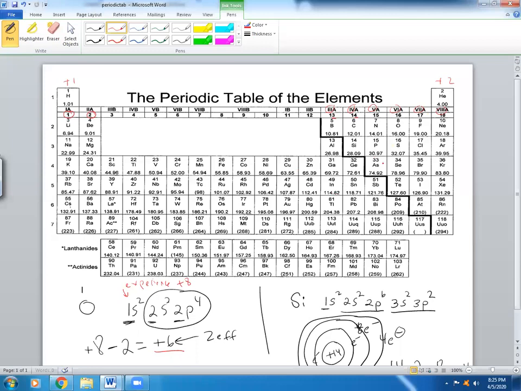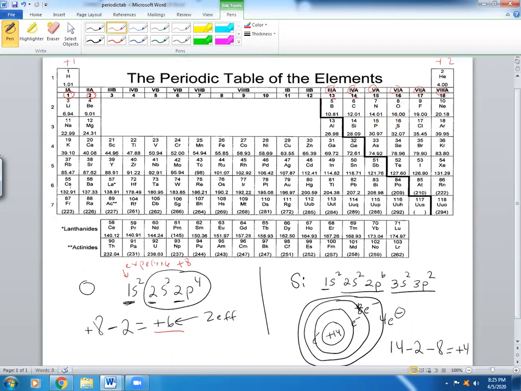We did oxygen, phosphorus, and silicon. Is there a quick way of getting the effective nuclear charge? Yes. All you have to do is look at this number on the top, which we're going to use when we get the valence electrons. Phosphorus right here is in group 15, or 5A.